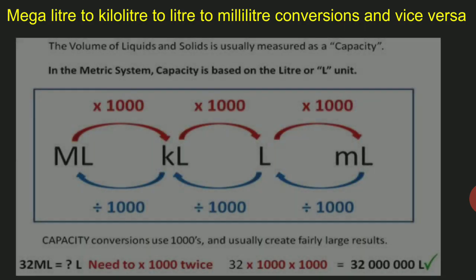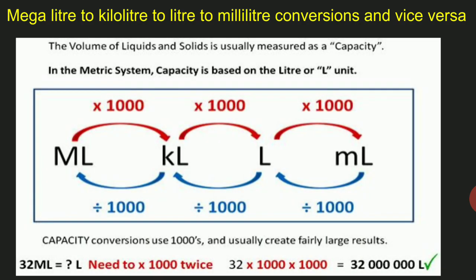Now there is another unit which we use for writing volume, which is liter. Now let us go for the conversions of its multiple and submultiple units. Volume of liquids and solids is usually measured as a capacity. In the metric system, capacity is based on the liter or L unit. When we convert from the biggest unit, that is megaliter, to kiloliter, we multiply by 1000. From kiloliter to liter, again we multiply by 1000, and so on.